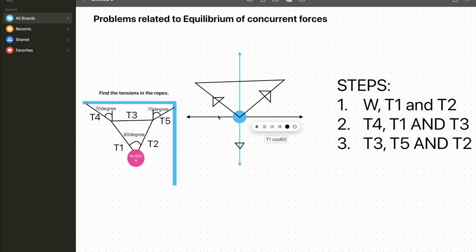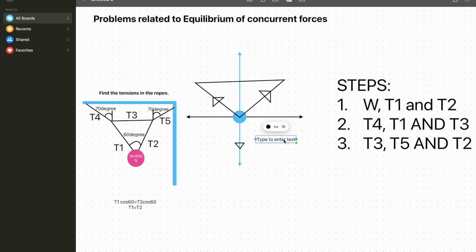Because this angle right here is 60, this angle right here is 60, so we can type T2 cosine of 60 as equals, oh sorry, they are in the opposite direction, so they are equal. Okay, so if the cosine 60 are being cancelled out, so T1 is equal to T2, we can tell that easily. So T1 is equal to T2.